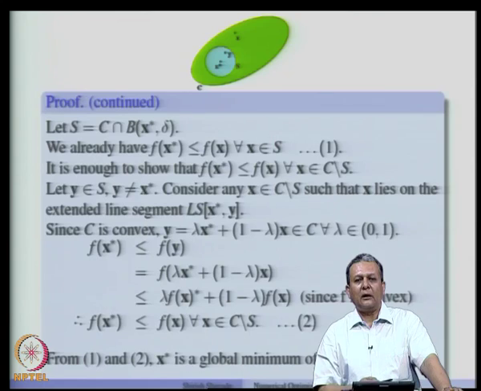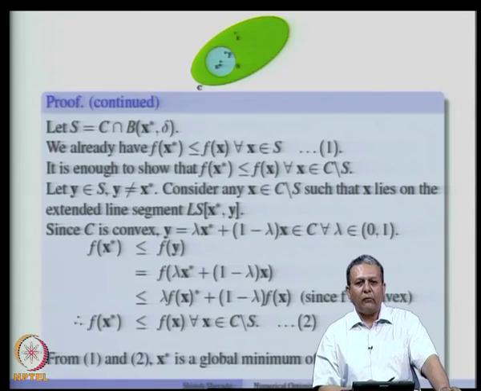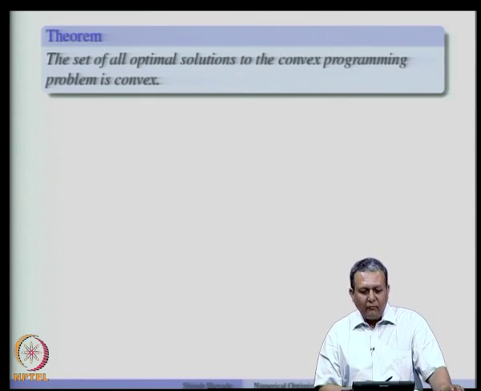How are they positioned in the convex set C? In other words, in a common terminology, we ask the following question: are those global minima of a convex function scattered at different places in the set C, or do they always come together? So, we will try to answer this question.